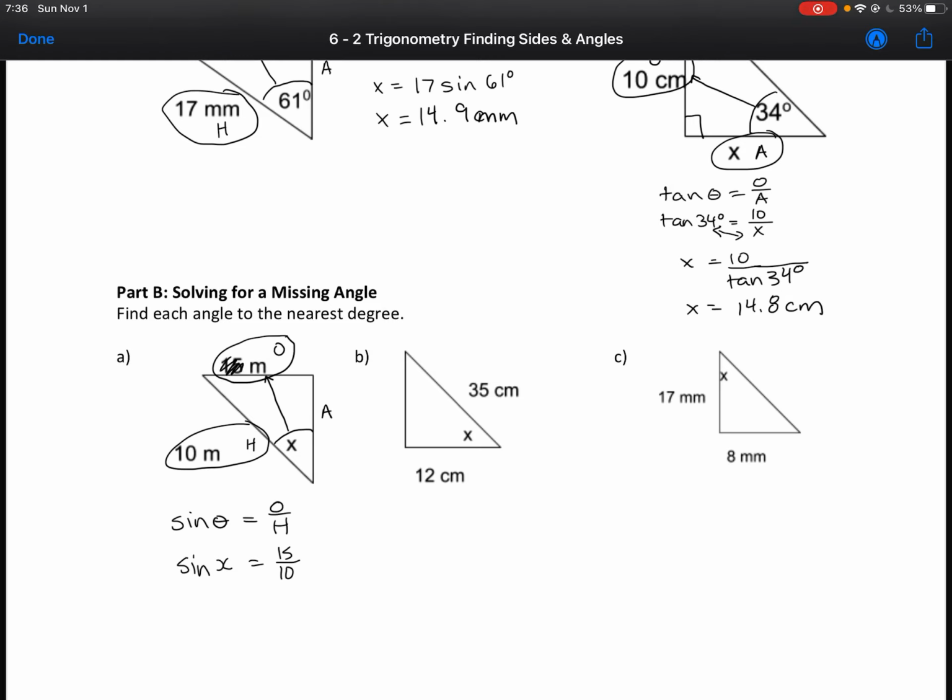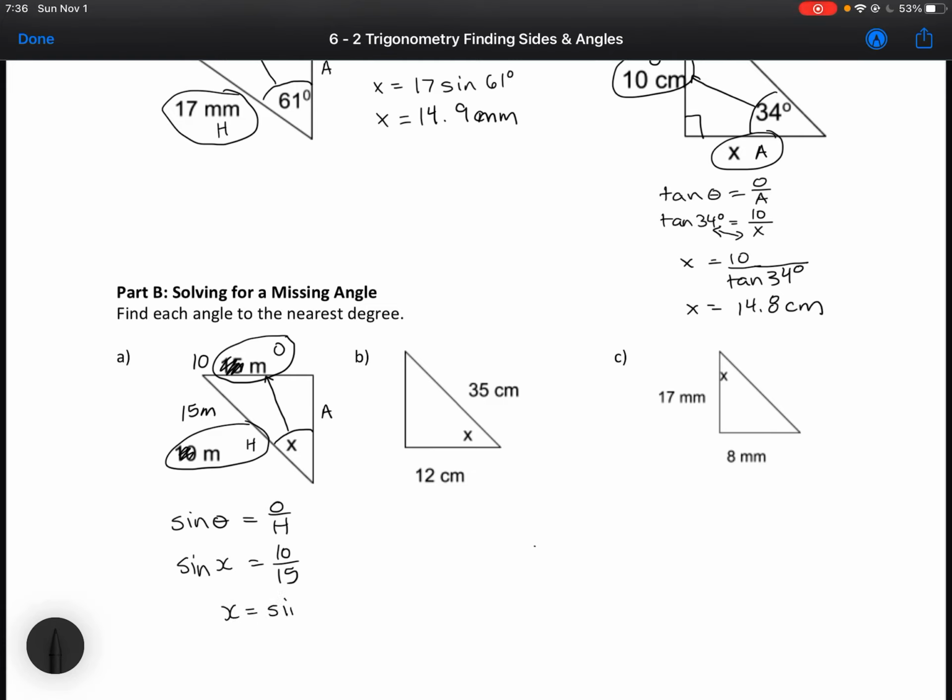I'm just going to make an edit here because our hypotenuse should be the longest side. So let's write this as 10 and 15. Just going to change my values here. So I would have my opposite side is 10 and my hypotenuse is 15.